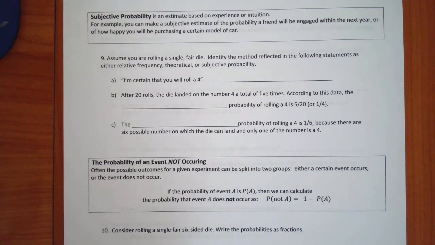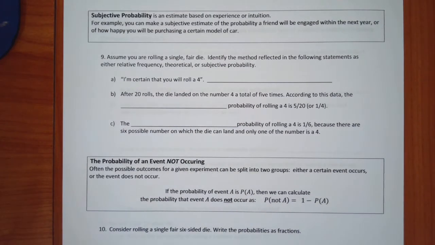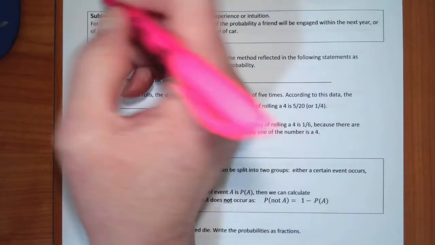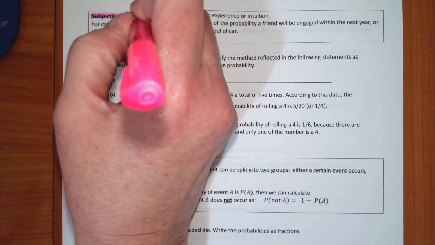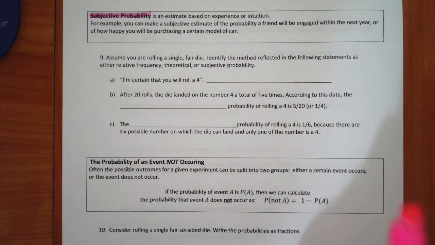Okay, so we've talked about relative frequency probability and we've talked about theoretical probability. There is a third kind, and it is called subjective probability. It is an estimate based on experience or intuition. Sometimes this is a little bit hard to distinguish because of the way it's phrased, but it should be fairly obvious.